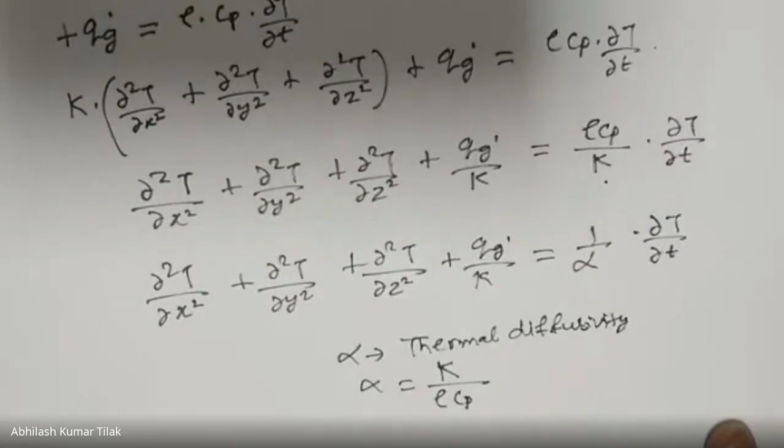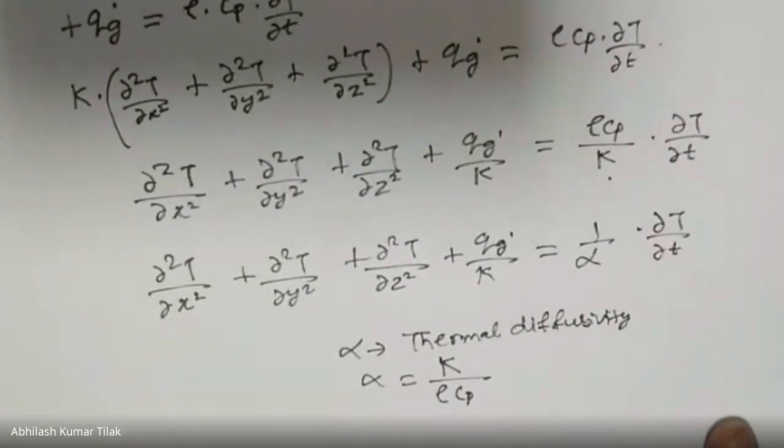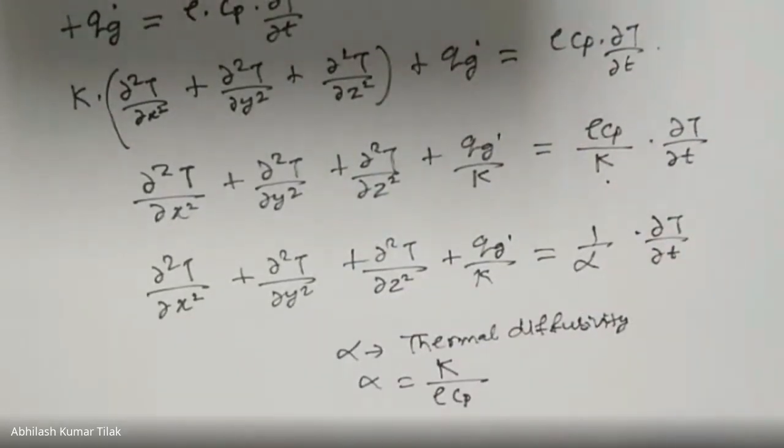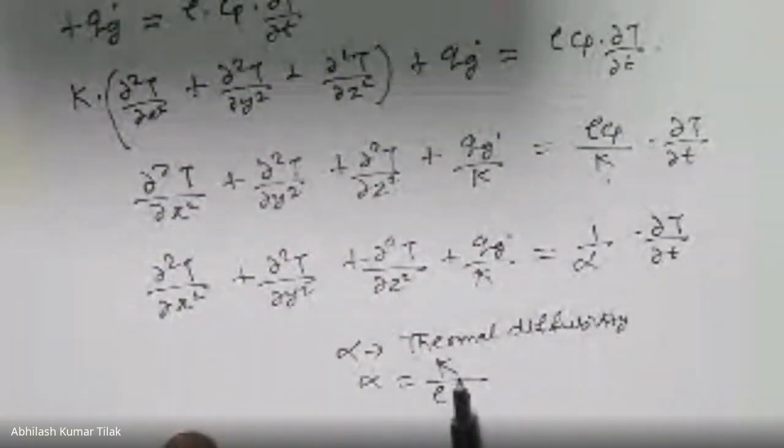So thermal diffusivity has the significance that it indicates the material's ability, how much faster the heat diffuses into the system, or the ability of the material to diffuse the heat into it.